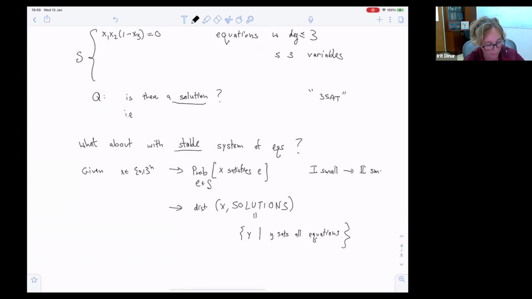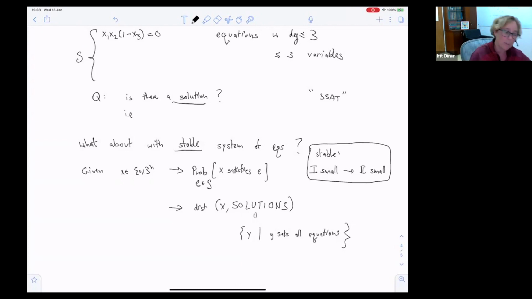We only care about this direction, actually. So whenever you're satisfying almost all the equations, the only reason this can happen is because you're actually close to a perfect solution.